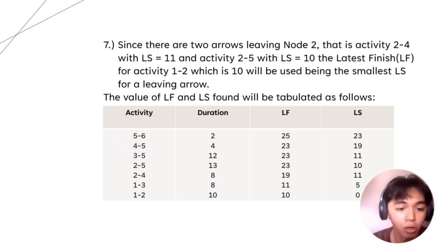So the values of LS and LF found will be tabulated as follows. So this is the summary table of illustration 6 to 2. So let's proceed to the next one.